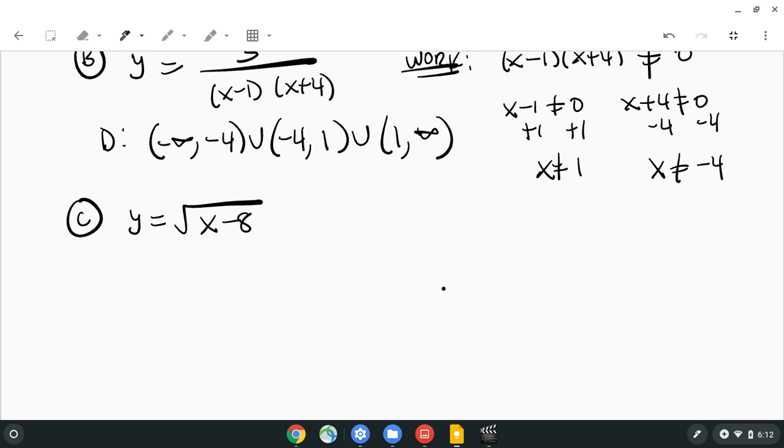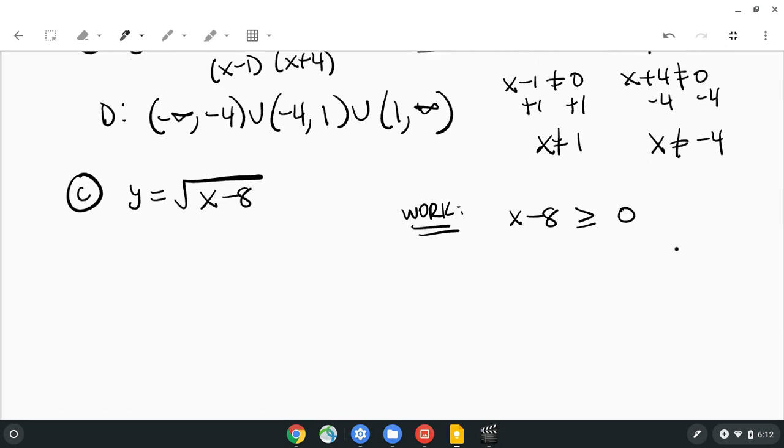So for our work, whatever is inside, x minus 8, we want it to be greater than or equal to 0. That's how you set it up. Whatever is in there is greater than or equal to 0. That's the setup.